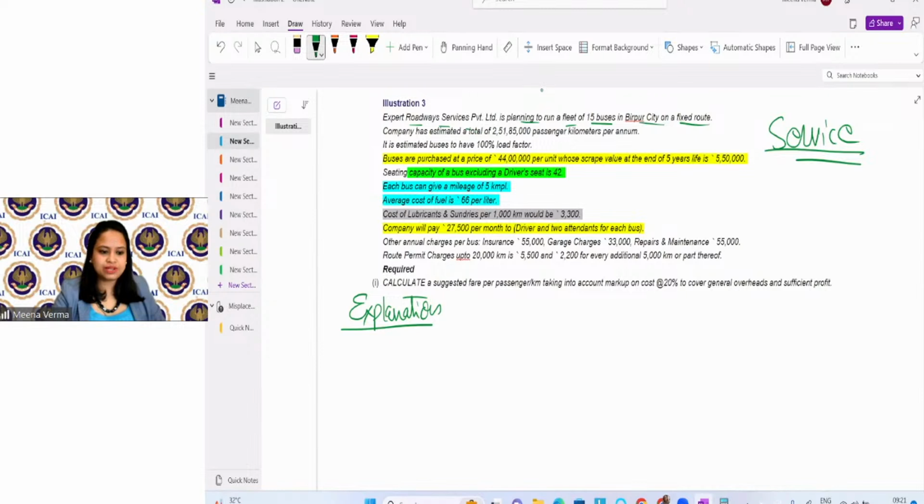Company has estimated a total of 25185 passenger kilometer per annum. So one year, per annum, passenger kilometer.